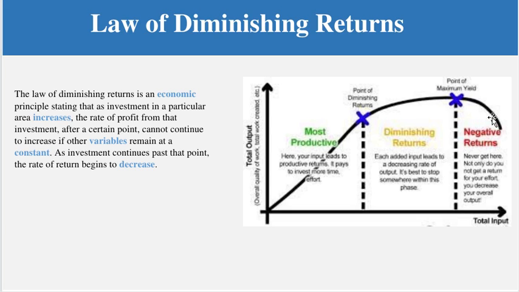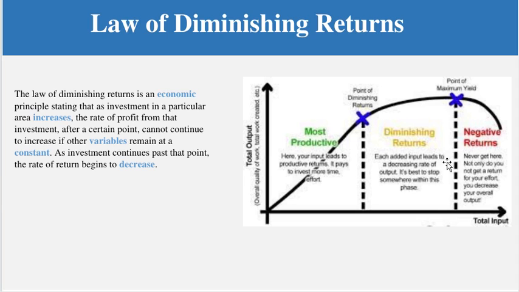However much you add resources, you add investment, the productivity, or you can say the profit, will start decreasing at some time. So basically this is called the law of diminishing returns: the rate of profit from that investment cannot continue to increase after some time if other variables remain constant.